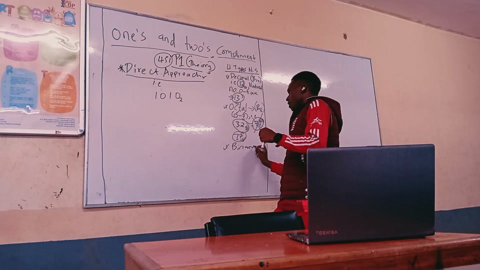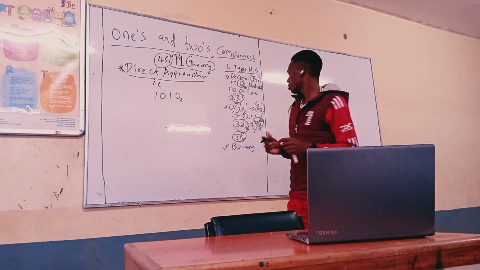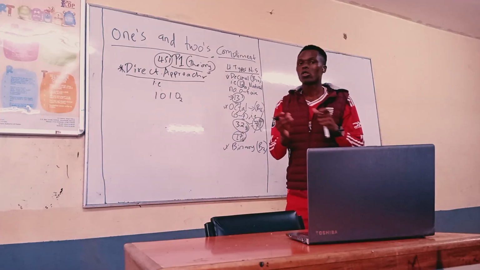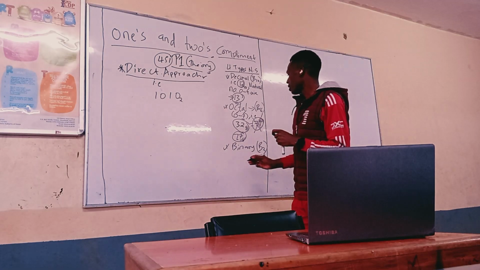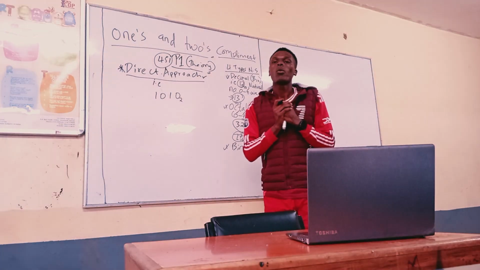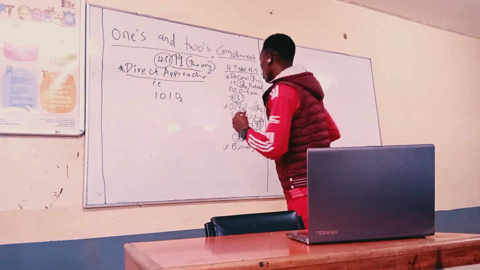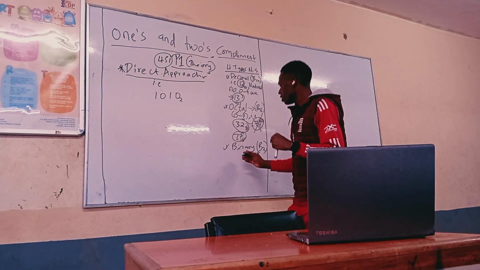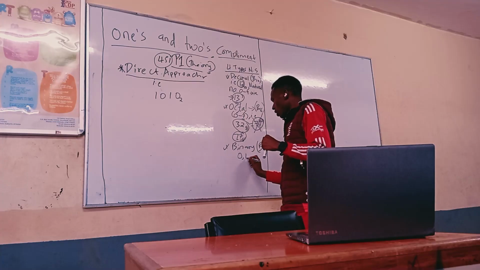The next one is the binary number. Binary numbers are written to base 2. Any number written to a base 2 is a binary number, but we only have 2 digits in this category, 0 and 1.